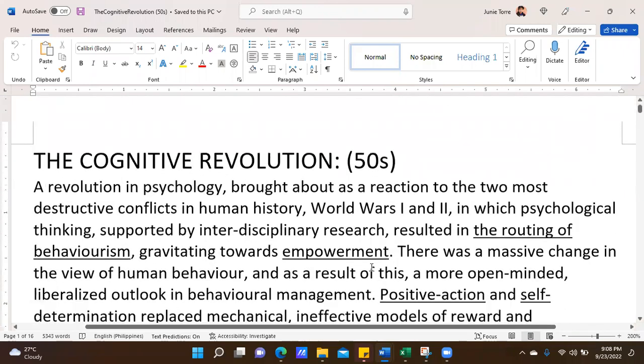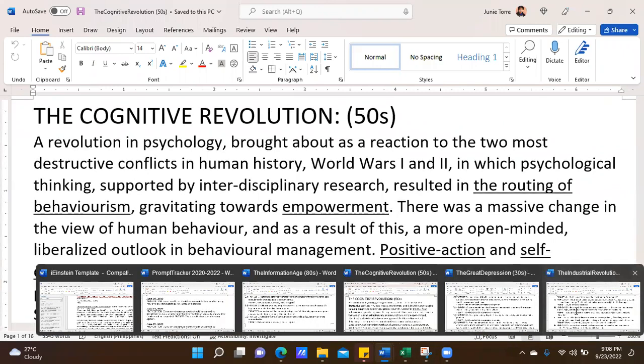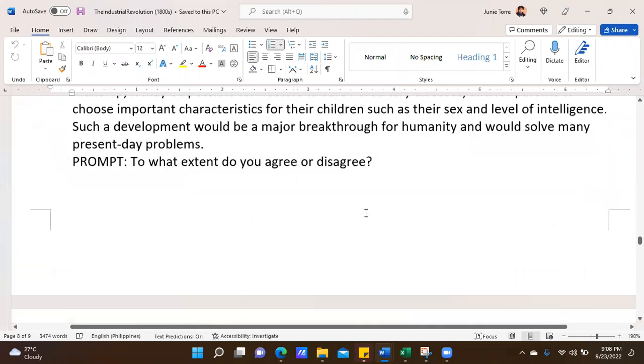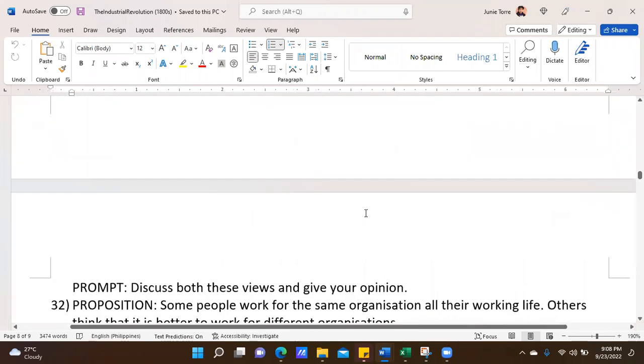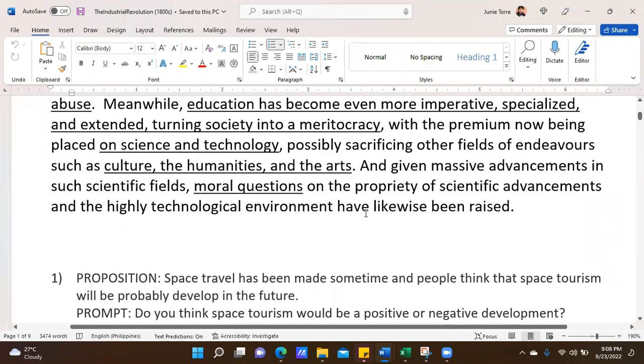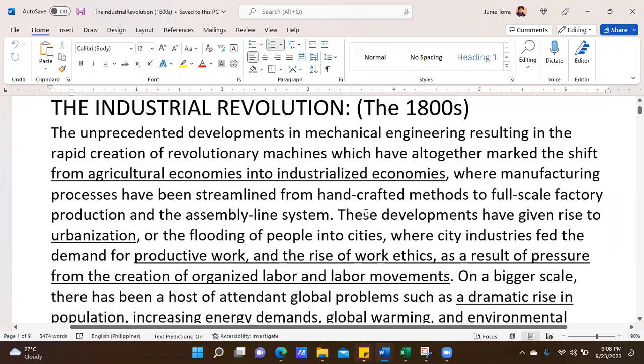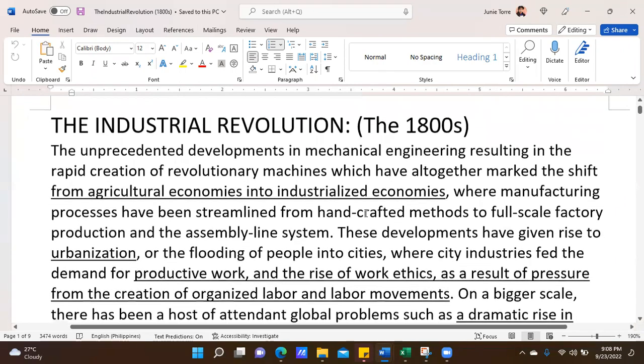Okay. Sige. So I will send this document, The Cognitive Revolution, but it all began with the Industrial Revolution. Grabe siya. Do you know that some people say this is the greatest historical trend, the greatest event in history, the Industrial Revolution?